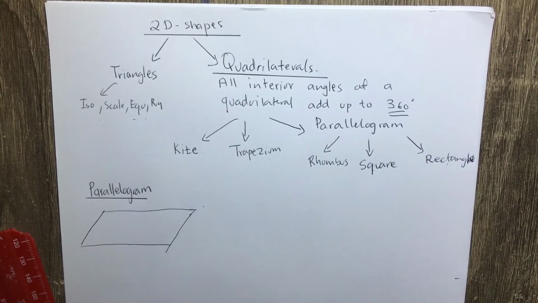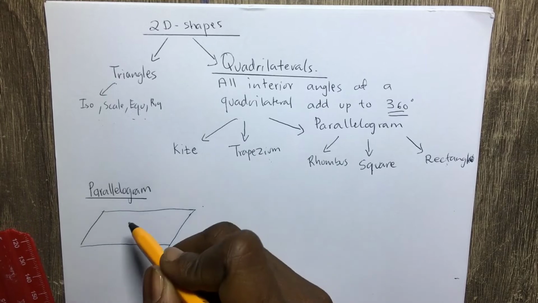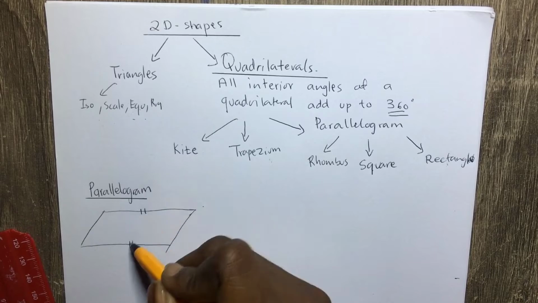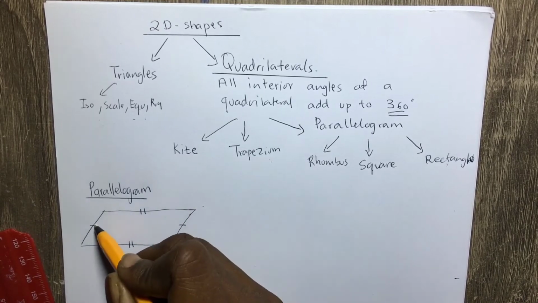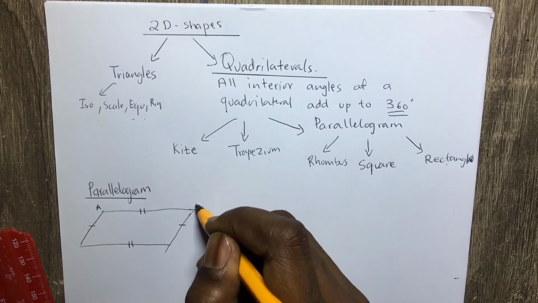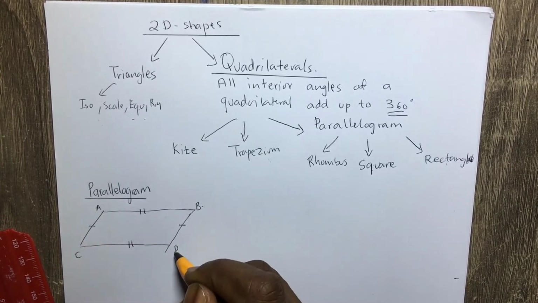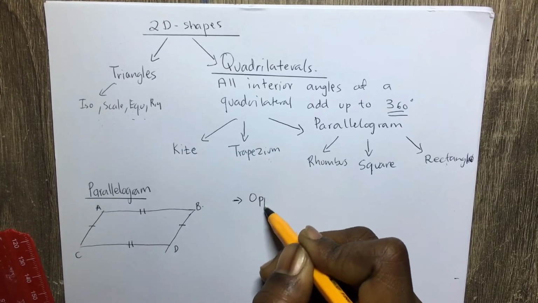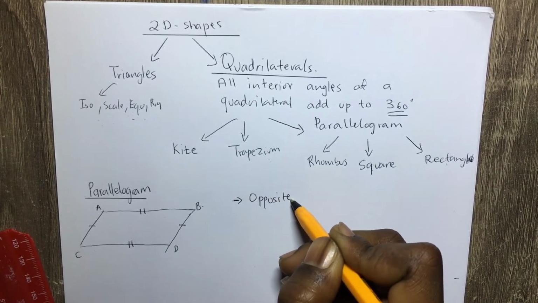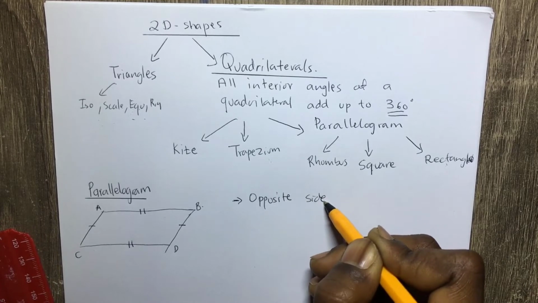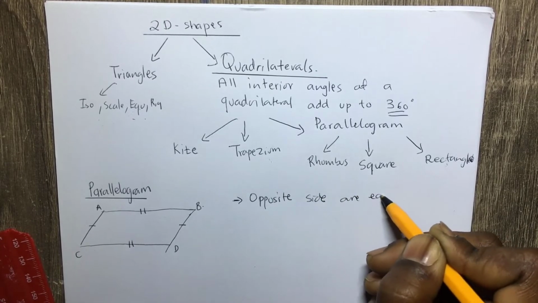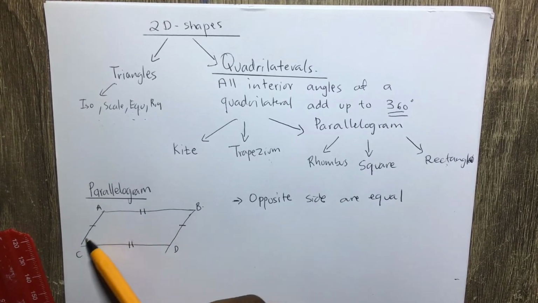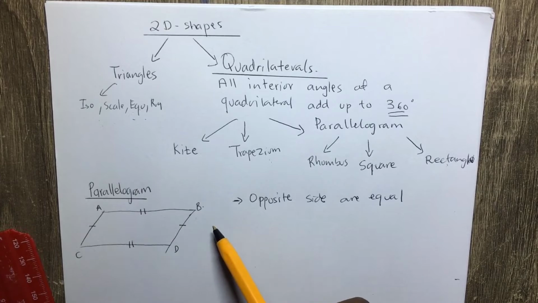What we need to know is that opposite sides of a parallelogram are equal. This side and this side are equal, and this side and this side are equal. Let's just say A, B, C, D. So AB will be the same as CD, and then AC will be the same as BD.